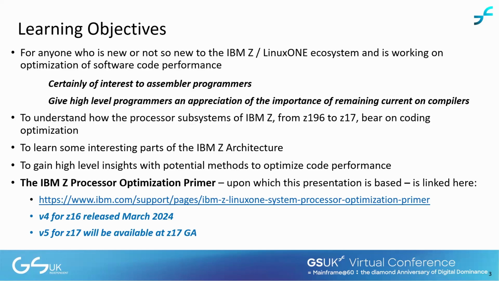We try to keep a new version paired with every new release of hardware, and briefly summarize the more interesting new architecture instructions that are available, rather than you having to go and pore over the Principles of Operation and distill everything. I don't know if you've ever noticed, but the Principles of Operation can be a bit of a dry read. And so this is intended to be a more practical summary of Z and what's new to Z.